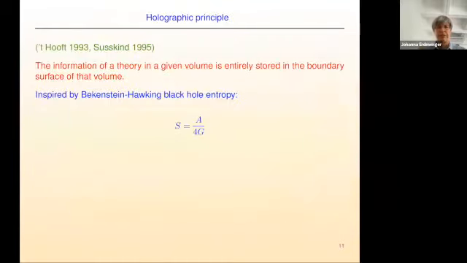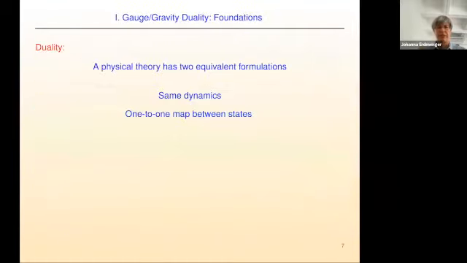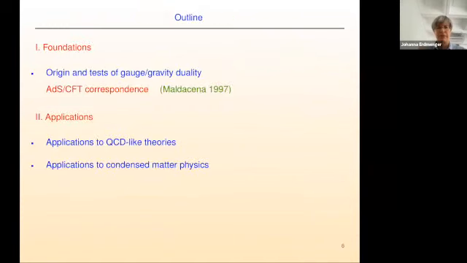So maybe now the general things I said at the beginning become clearer. I started with this outline saying that on one hand, I'm going to describe the foundations of AdS/CFT, and that's essentially what I did yesterday. I explained in great detail the AdS/CFT correspondence, which is our best understood example of gauge gravity duality.